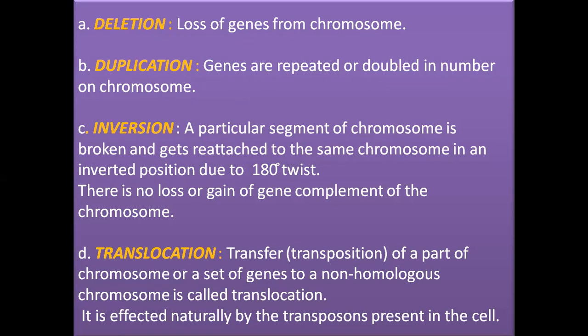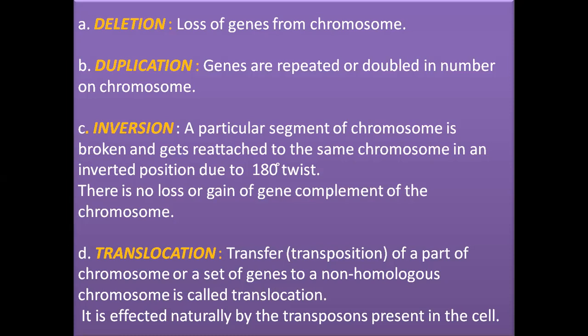The same sequence has been reattached, but the position is inverted due to 180-degree twisting. There is no loss or gain of gene complement. Translocation, that is transfer of part of chromosome or set of genes to a non-homologous chromosome, is called translocation.